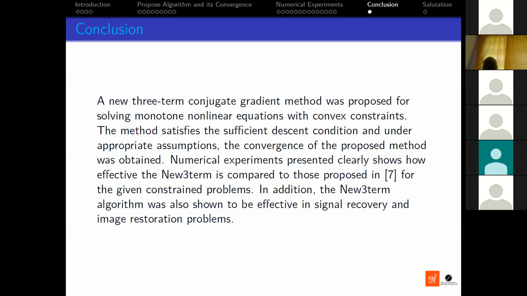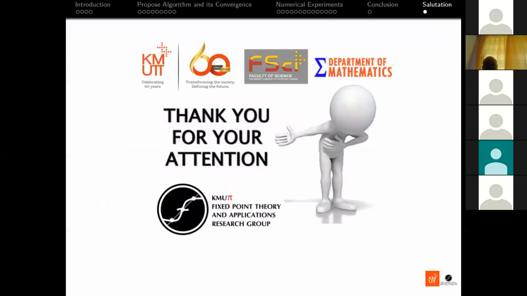In addition, the new three-term method was also shown to be effective in signal recovery and image restoration. I did not put the image here, but I have the experiments for the image restoration problems. So thank you very much for your time and thank you for your attention.